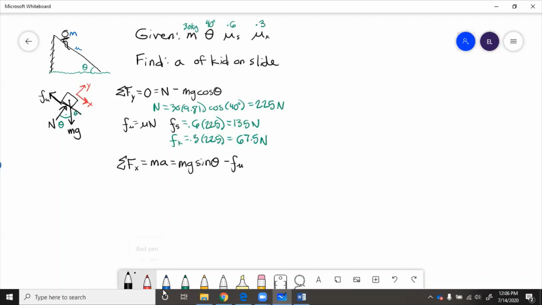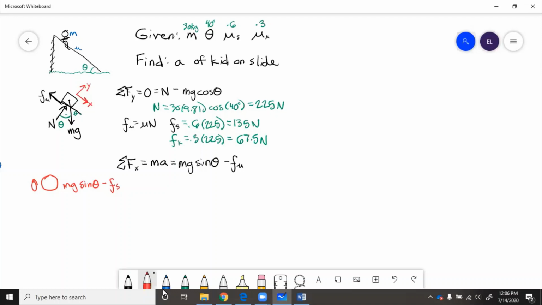So to check static, we'll compare. If it doesn't slide, acceleration would be 0. So we compare 0 to mg sine theta minus static friction.